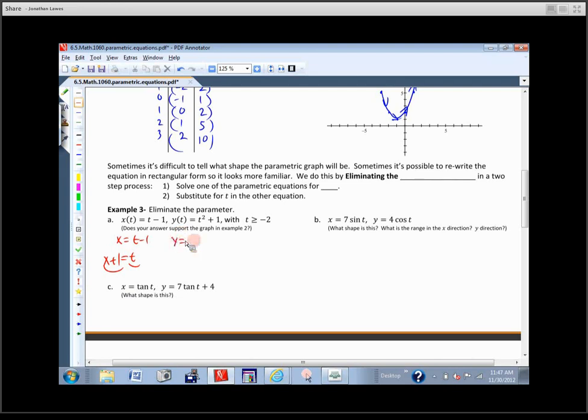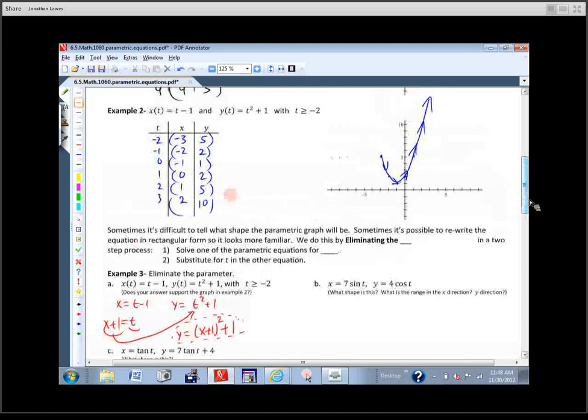So I've got y equals t squared plus 1. I'm going to take this and I'm going to put it in its place. So this means y equals (x plus 1) quantity squared plus 1. Okay, now what I've done here is I've gone from 2 parametric equations, both of which involve t, to one equation that only has x's and y's in it. That's a rectangular, or that's a Cartesian form of this particular graph.